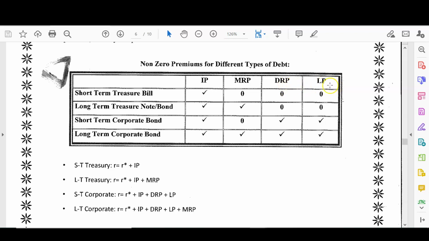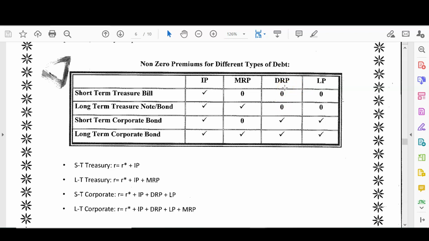So default risk premium and liquidity premium only apply to corporate bonds. For treasury bonds, no matter whether it's a short-term treasury bill or a long-term treasury bond, because it's backed by the government, we usually assume it has 0 default risk premium.